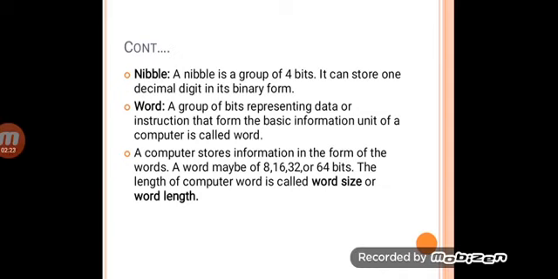The size of the word depends on the architecture of the computer. A machine with a 16-bit word is slower than one with a 32-bit word. The length of a computer word is called word size or word length.